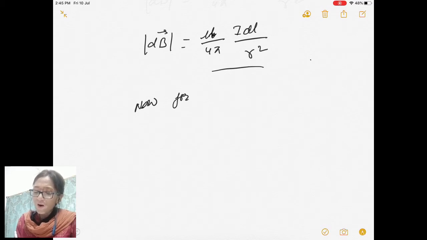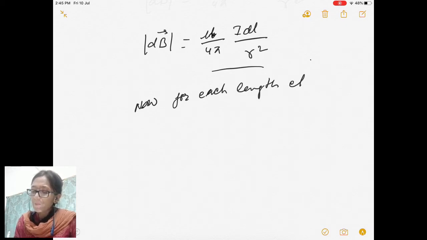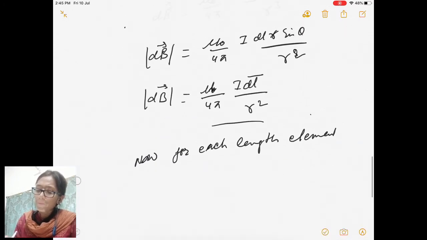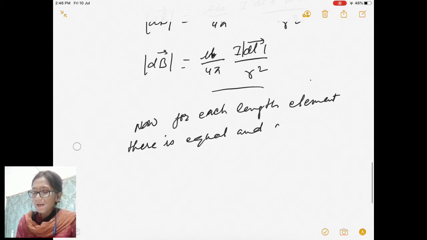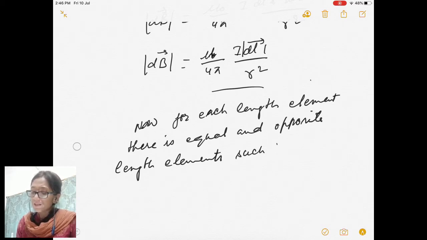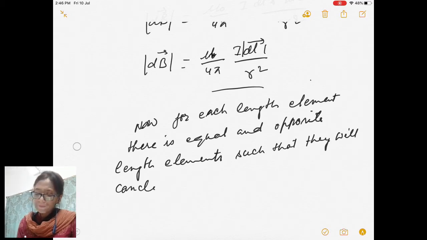Now according to the figure, for each length element there is an equal and opposite length element such that they will cancel their vertical components.